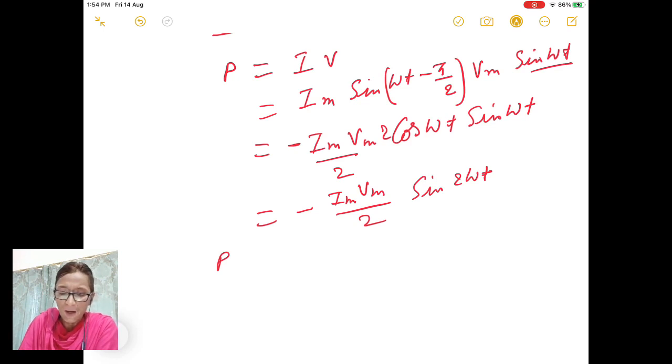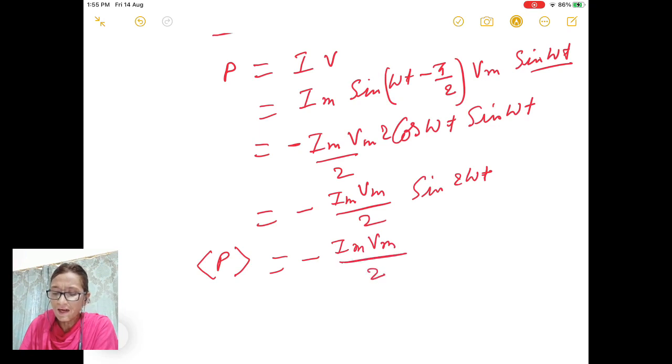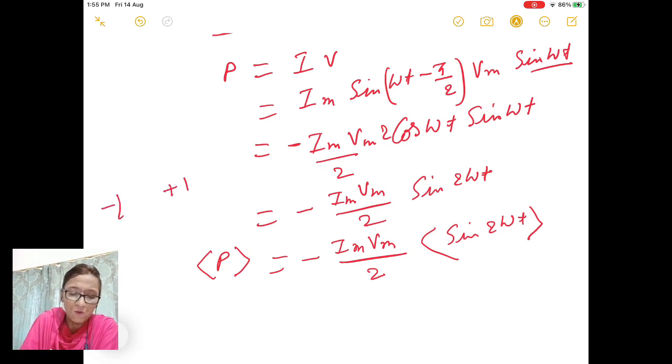So what is the average power used? In one complete cycle, in one complete time period, we will find average power. All the constant quantities should be taken outside of the average term. Here all these are constants, and we need the average of sine 2 omega t. Now the value of sine varies from minus 1 to plus 1, and if you get the average of the two values by adding them and dividing by 2, you will get 0.